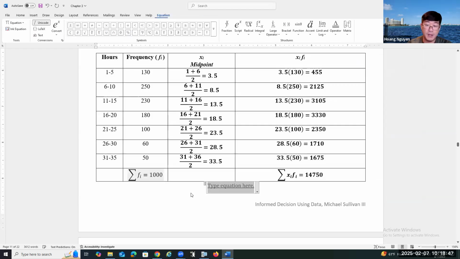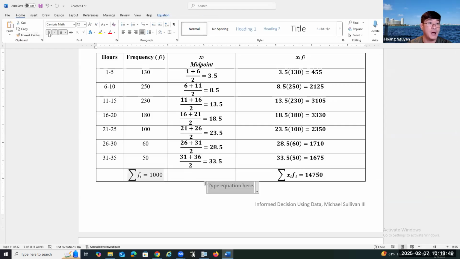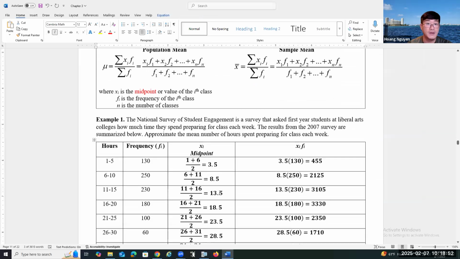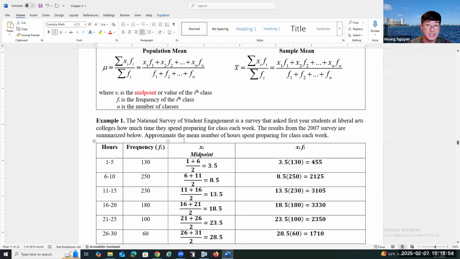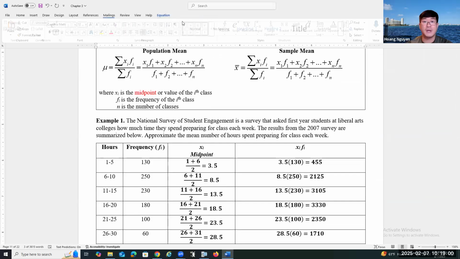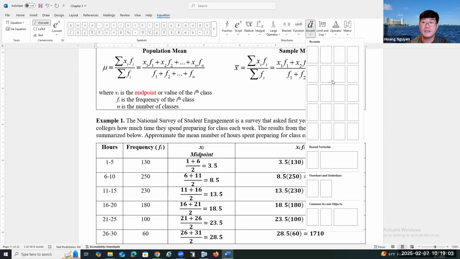Now we are ready to plug it in for the calculation of the mean, right? So this is going to approximate the mean. If the question didn't mention this is a population, we assume this is the sample mean, so I'm going to use the notation for the sample mean.